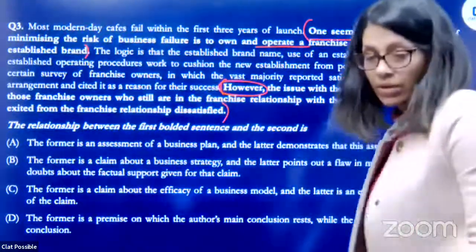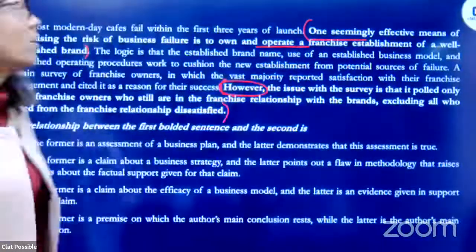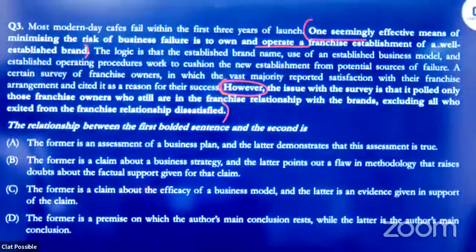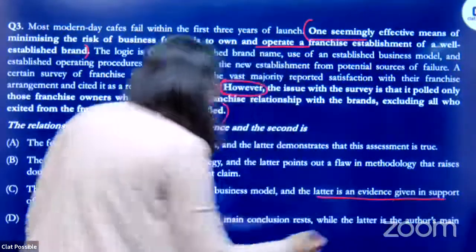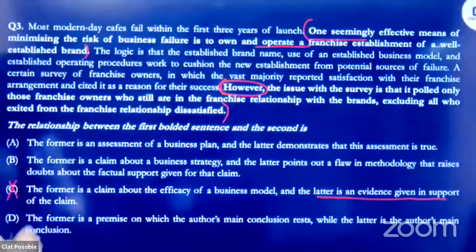All right. So I think many of you are giving me the answer now. However suggests that it is not support. So look at option C, it can be eliminated.